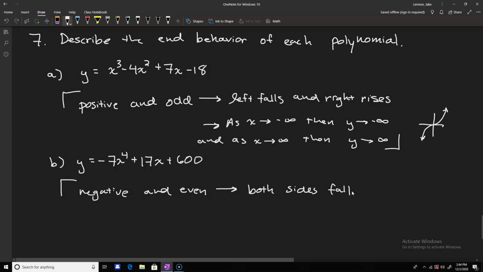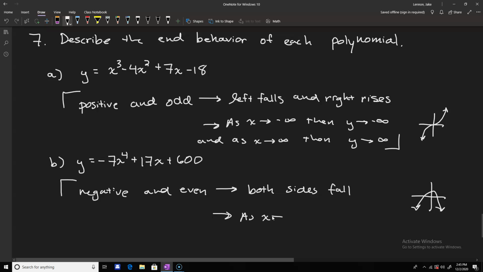The end behavior would look similar to a basic graph, y equals minus x squared, so a picture might look something like this. Both sides are going to fall. That means as x goes to negative infinity, y goes to negative infinity, and also toward positive infinity, y goes toward negative infinity. So that's another way to say that.